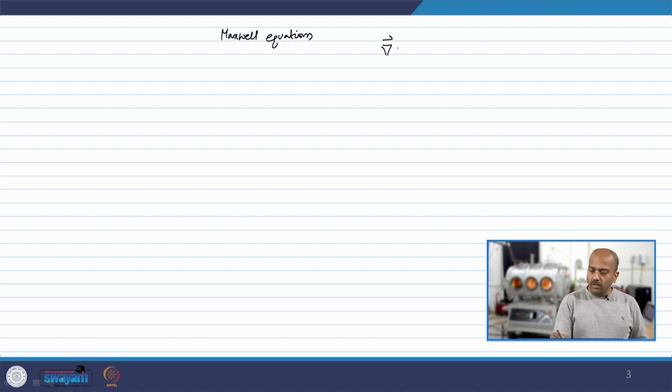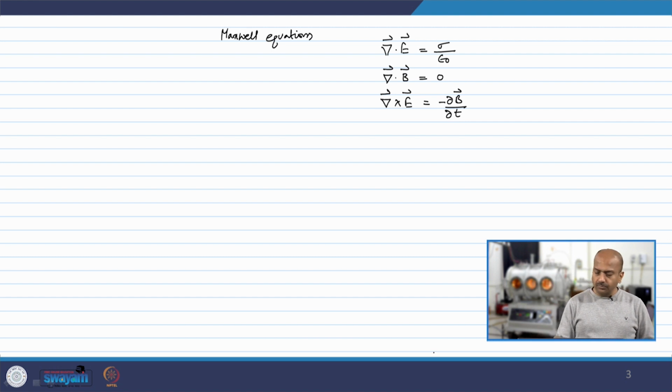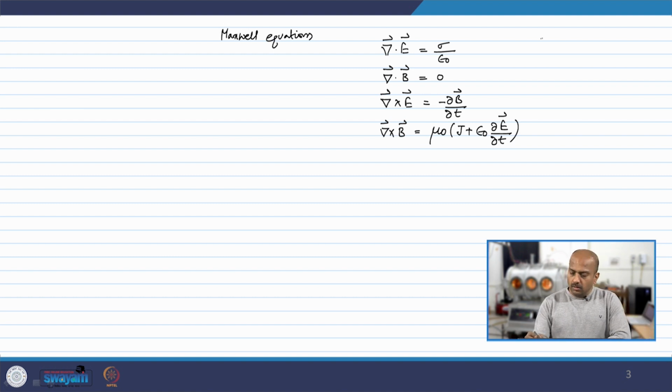We have del dot E, the divergence of electric field, equal to sigma by epsilon naught, the charge density divided by epsilon naught, and del dot B is 0, and del cross E is minus dou B by dou t, and del cross B is mu naught times J plus mu naught epsilon naught dou E by dou t. So, these equations are valid in vacuum.